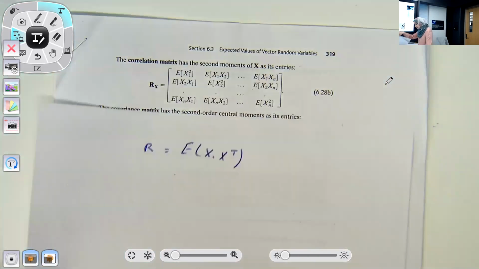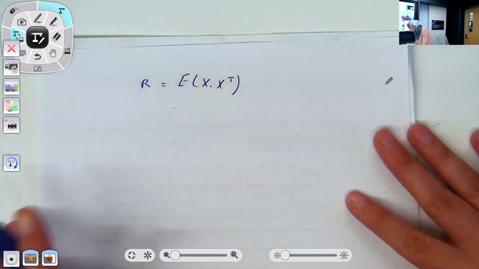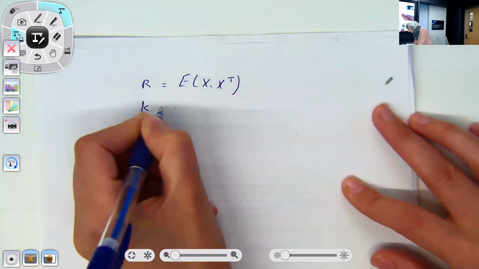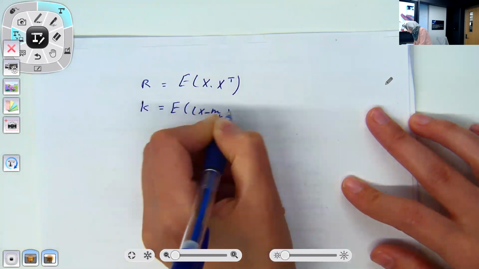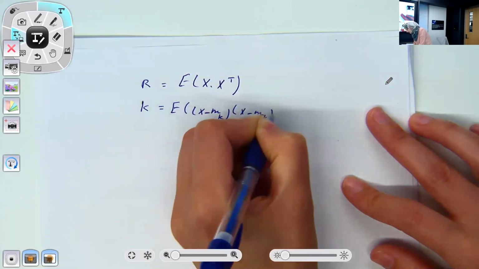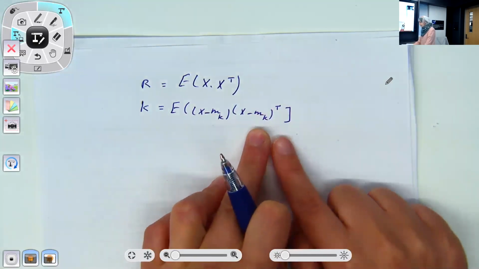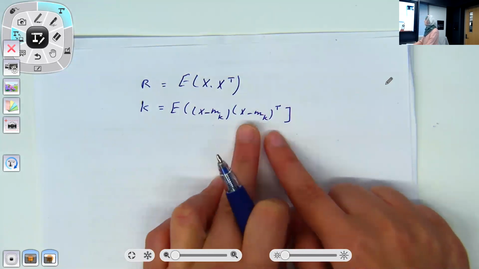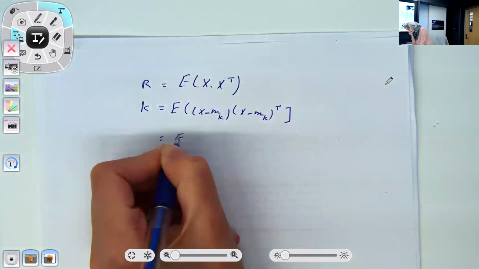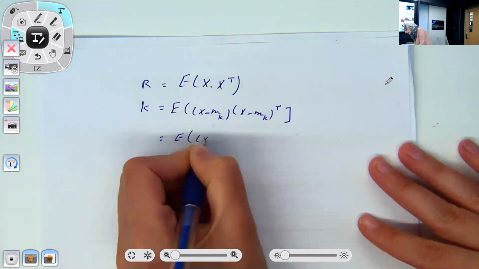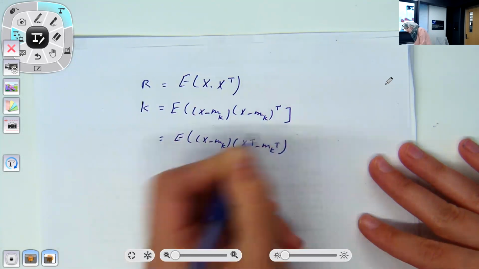Let's try to find the expected value of X times X transpose, and the value of K, which equals the expected value of X minus mu X multiplied with X minus mu X transpose. The first step, we need to use some properties here. X minus mu X transpose we can write as X transpose minus mu X transpose. This is equal to the expected value of X minus mu X multiplied with X transpose minus mu X transpose.